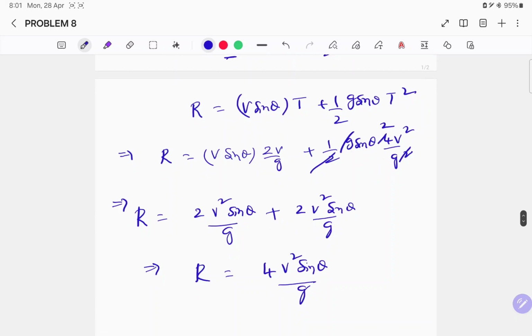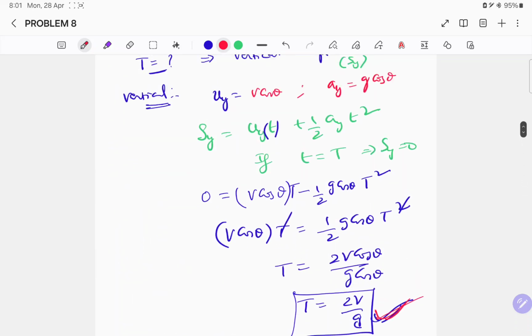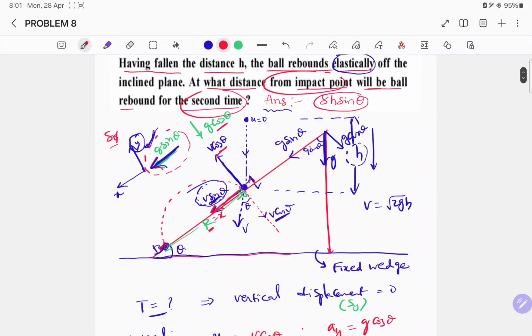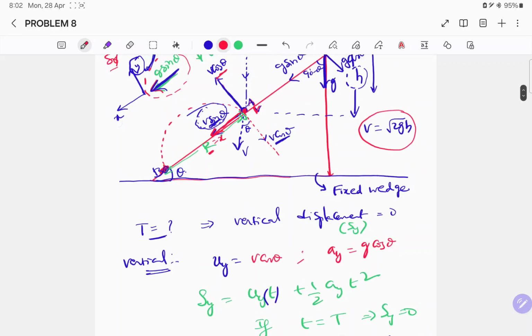And see here, let me go to the initial diagram page for the sake of knowing what the v value actually is. In the initial diagram, you know that v is nothing but the velocity of the freely falling body exactly when it hits the inclined plane for the first time. That we already know, v equals root of 2gh. So v square will be 2gh now.